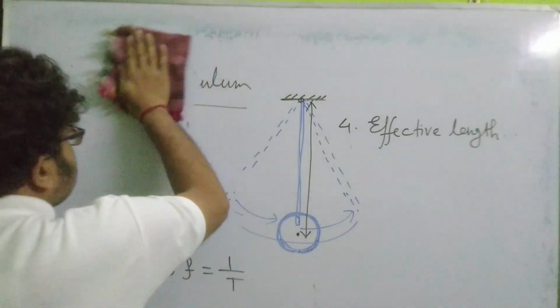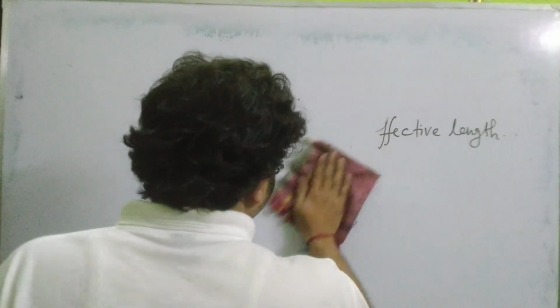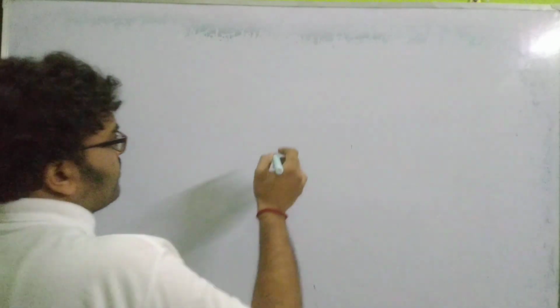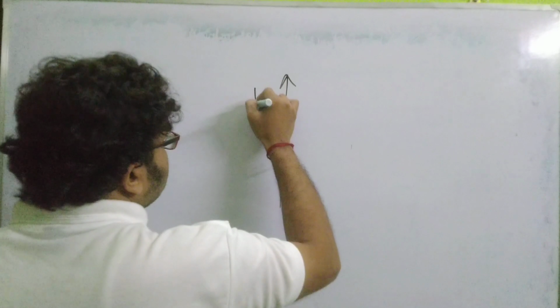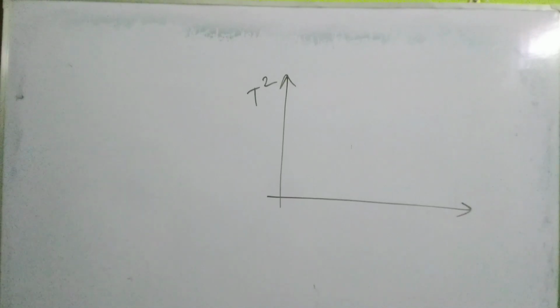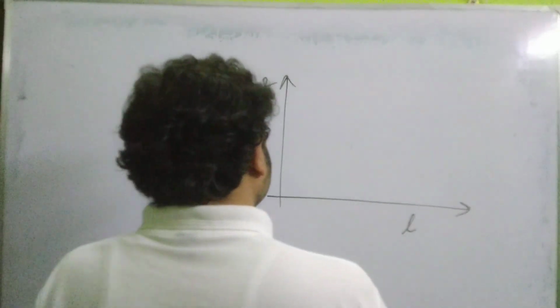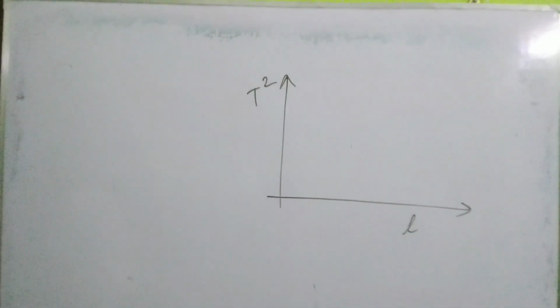And generally, in the case of a simple pendulum, it is seen that the time period varies with the length. So if I plot the square of the time period, T square, with the effective length of the pendulum, generally a straight line is obtained.